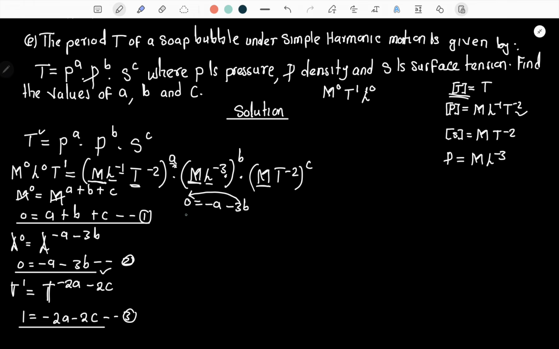It's just one and the same thing. So we're going to have minus A is equal to positive 3B, then over negative 1 over negative 1. Quite unnecessary, but I just needed to get the A on the other end. So it's one and the same thing. So this is going to be 3B.